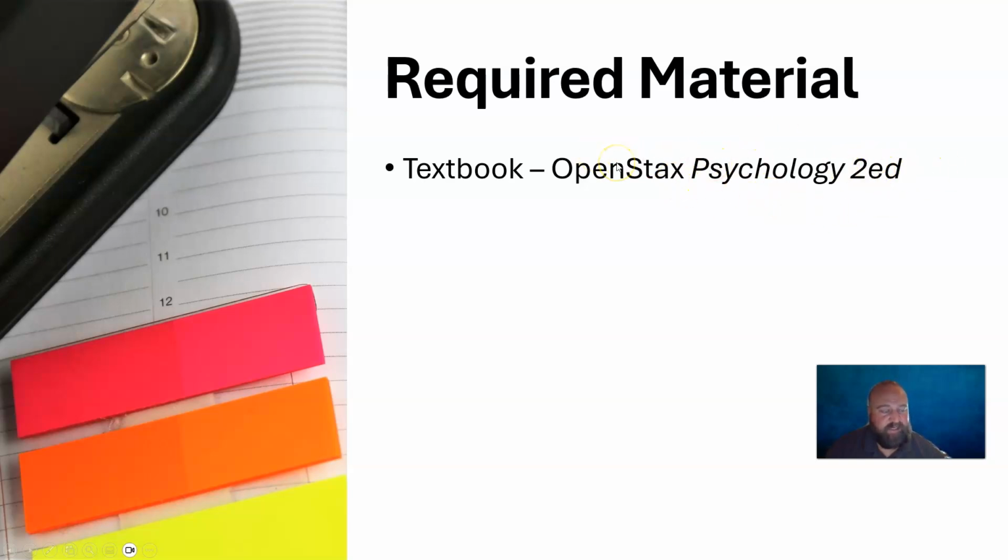So if you go to OpenStax yourself online, you go to openstax.org, click on Social Sciences, and then go to Psychology 2nd edition, and it'll pull up. However, the chapters we'll be covering are embedded in the course for each module. I'll show you that in a little bit. So you don't really need to go to that website unless you wanted to. Access is completely free. You don't have to register. There is nothing you have to pay for at all.